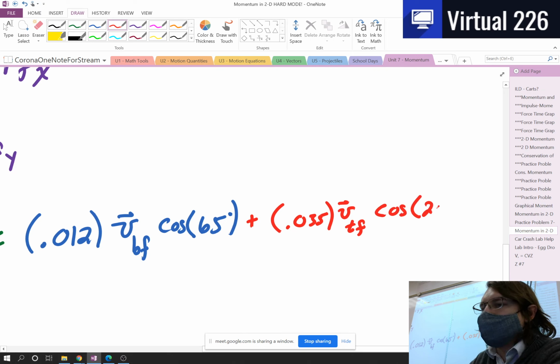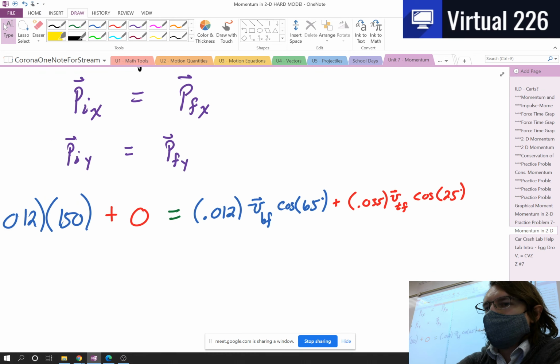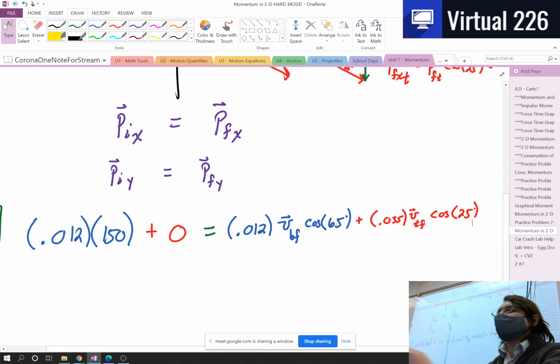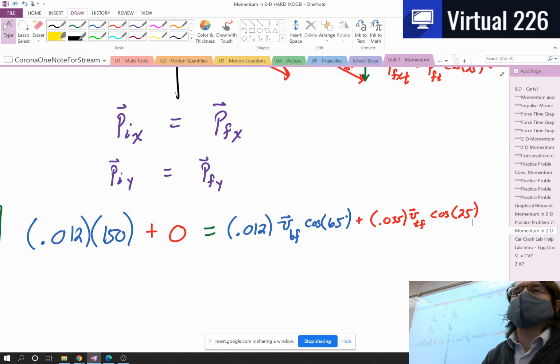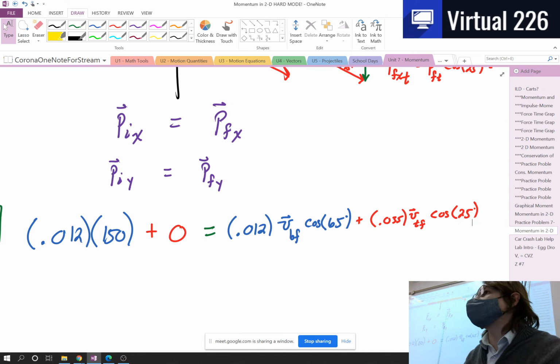So cosine of 25 degrees. So we've got a rather large equation now. Not only is it one of the large momentum equations that we've been using, but it's even larger than normal because we've got these cosine terms in there, because we wanted just the horizontal components of that equation.